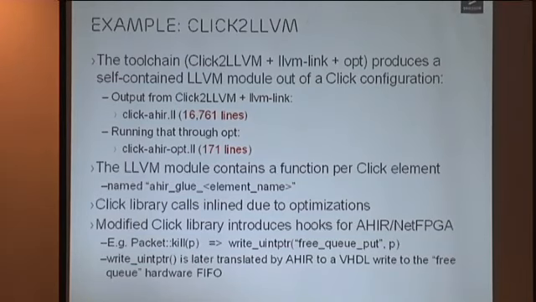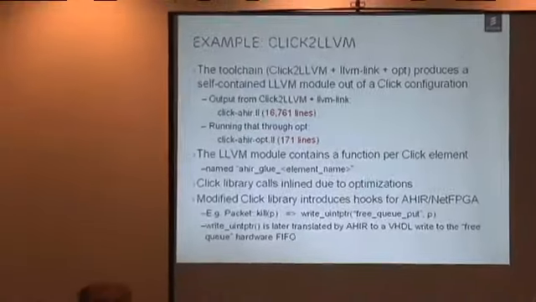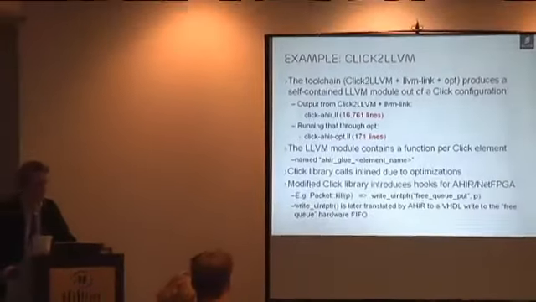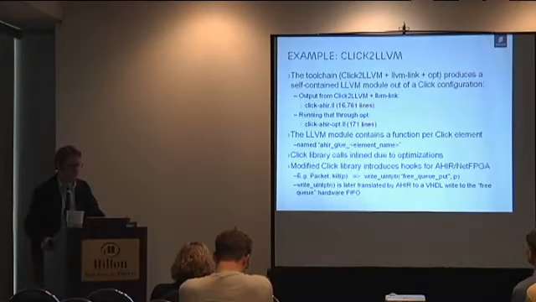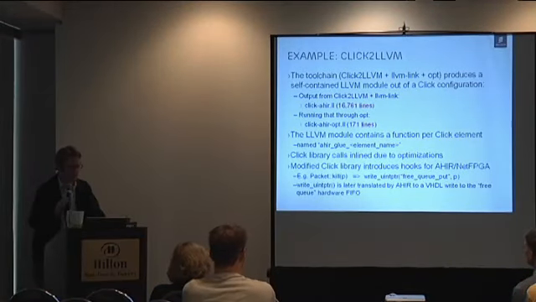There are some transformations that take place for the purposes of integrating it into a wrapper and making hardware out of it. The toolchain creates a function per click element with this name, ahir glue element name. The click library calls, as I described before, are modified for this particular toolchain.